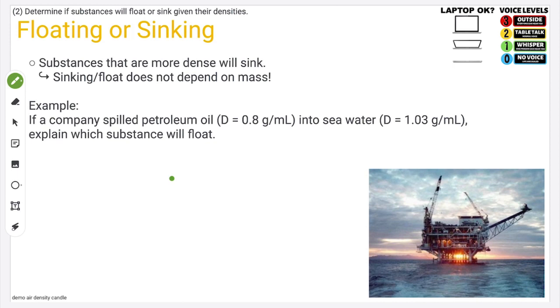So, seawater is more dense. So it would sink. Therefore, sorry, my writing looks kind of like chicken scratch right here.